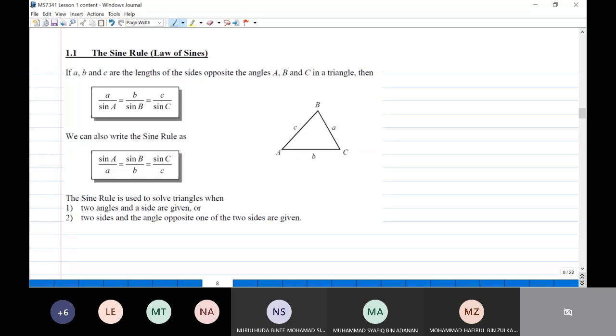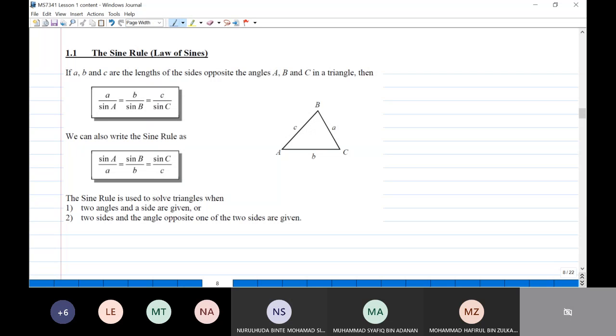It's actually a revision of the law of sines. What is it all about? This applies to any triangle, not just a right angle triangle, so there is no right angle here.